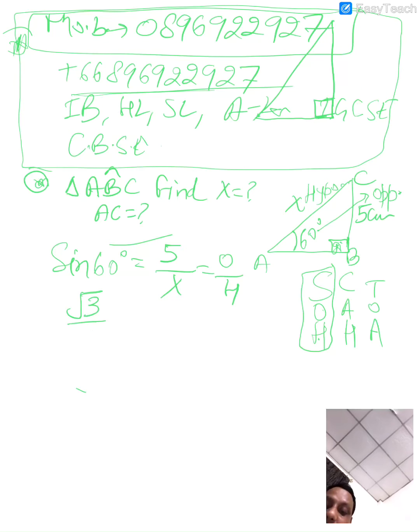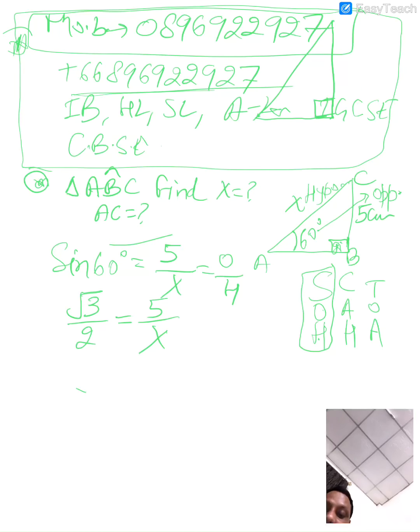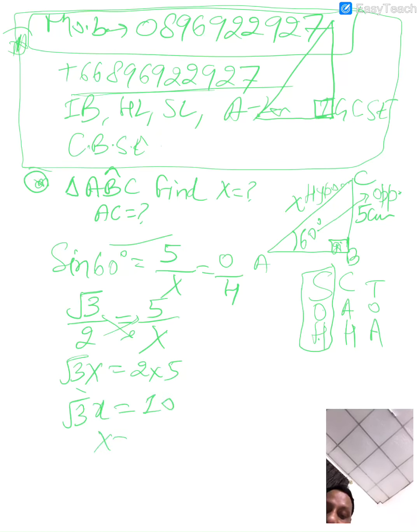Here it is root 3 over 2 is equal to 5 over x. Generally you do cross multiplication. So root 3 x is equal to 2 times 5, so root 3 x is equal to 10. So x is equal to 10 over root 3.